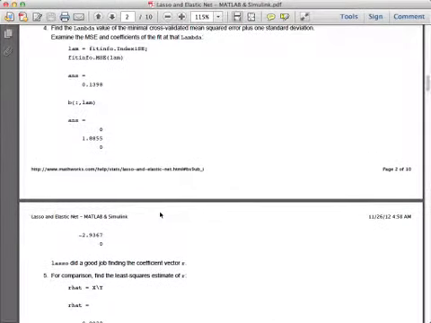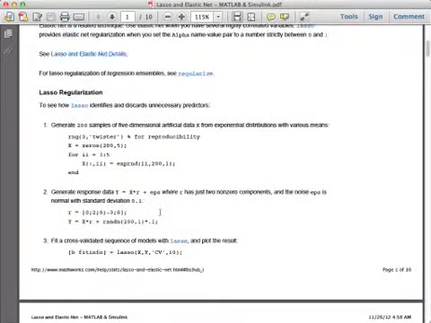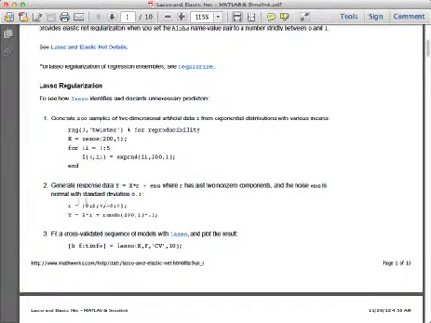Let's see. Do they have the R? Notice that this is the ground truth. In their simulation, on purpose, they put 3 zeros. And the question is, can you pick those 3?